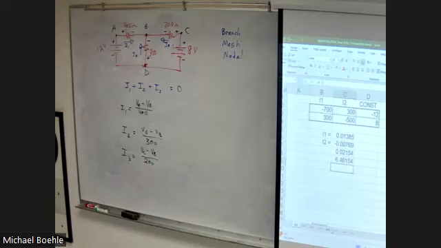Now, so far though, how many unknowns do I have? I got 4. Right? Voltage A, voltage B, voltage C, voltage D. But what did I say I'm going to do? I'm going to choose one of those as a reference, which is going to make that voltage what? 0.